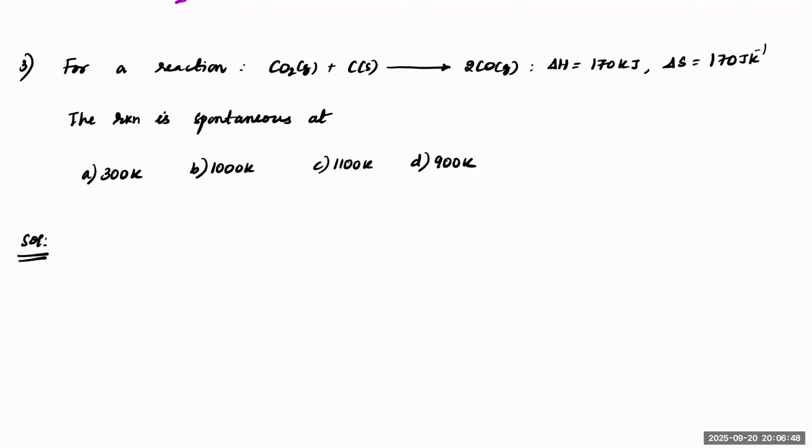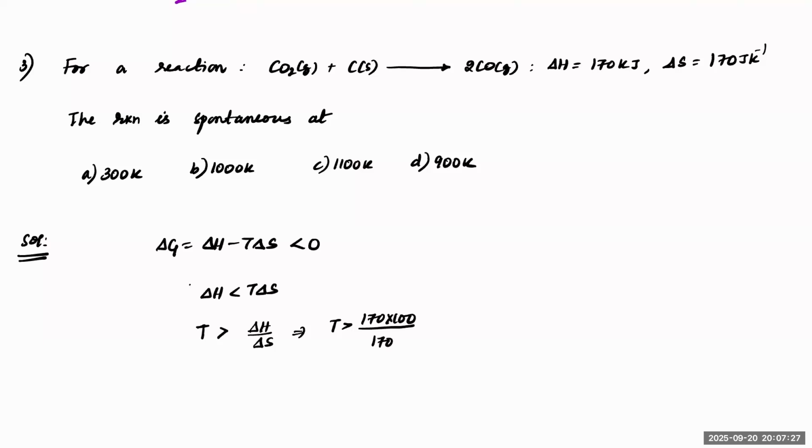Correct, Samay. That's right. So we just need to check delta G is equal to delta H minus T delta S. If it has to be spontaneous, this has to be less than 0. So delta H has to be less than T delta S. So T has to be greater than delta H by delta S, which is 170 into 1000 divided by 170.